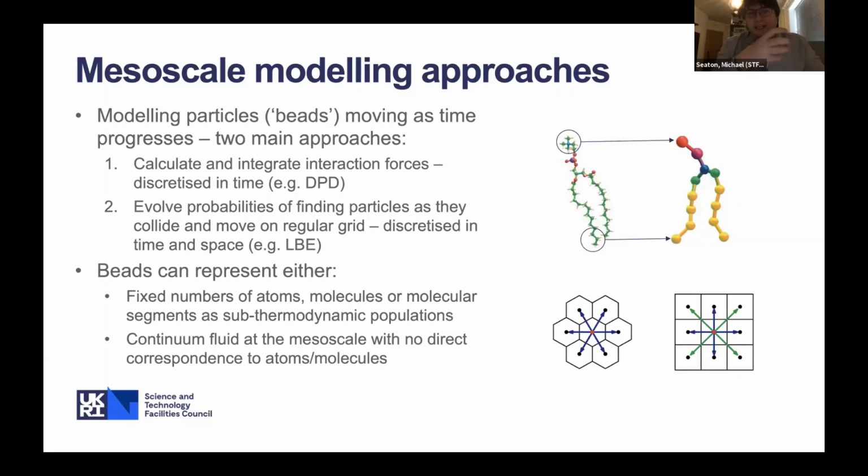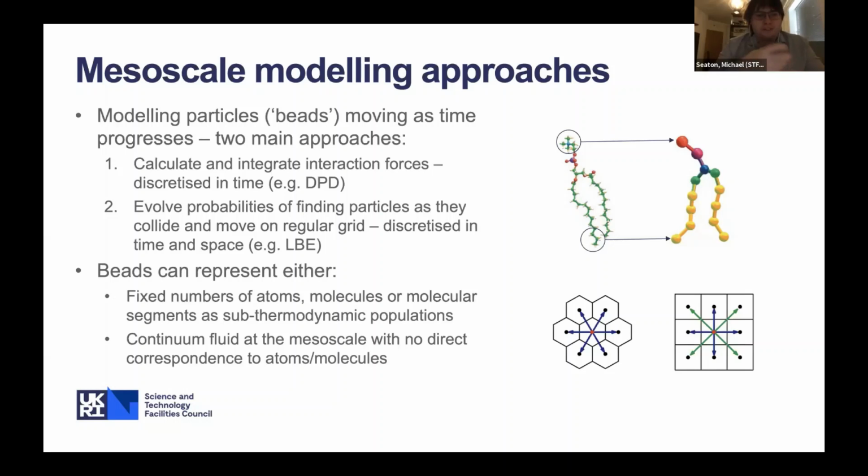One of them is fairly similar to classical molecular dynamics, the technique that you've been looking at for most of this week, which is to calculate interaction forces between the particles in your simulation, and then integrate those forces over small steps in time. Obviously this approach is a time discretization.